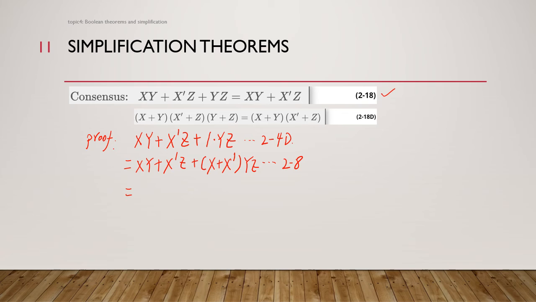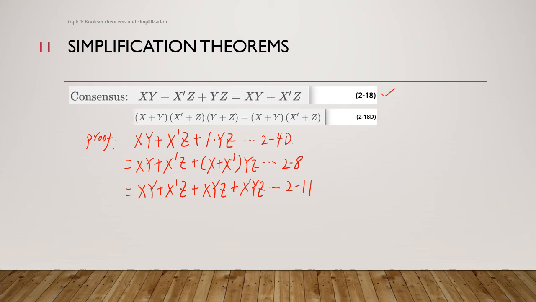Then let's open the parentheses. So we got x, y, z, or x prime, y, z. This is from the law of distribution, right? Or distributive theorem, which is 2-11.